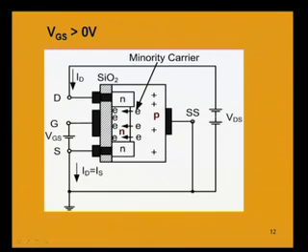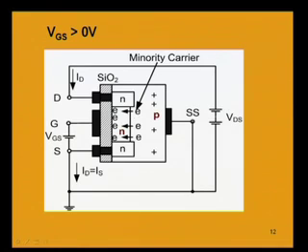Because we have the p type material, and p type material has majority carriers as holes and minority carriers as electrons.